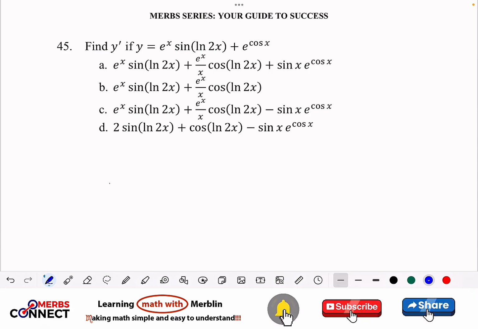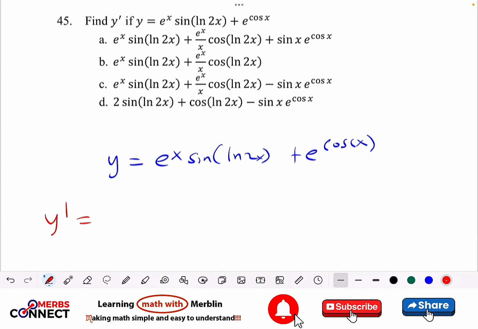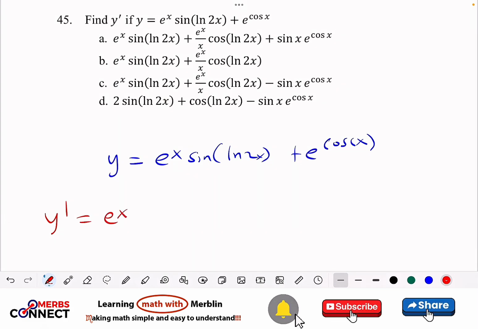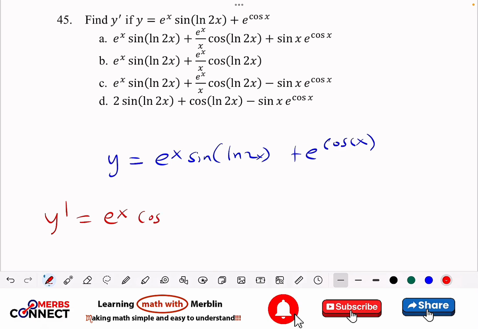Okay, so let's find y prime here. e to the x sine ln of 2x plus e to the x cos x. So y prime, the first one is product rule, right? So I maintain e to the x and differentiate this. This is going to give us cos ln of 2x times, this is chain rule. So I differentiate sine, I had cos.